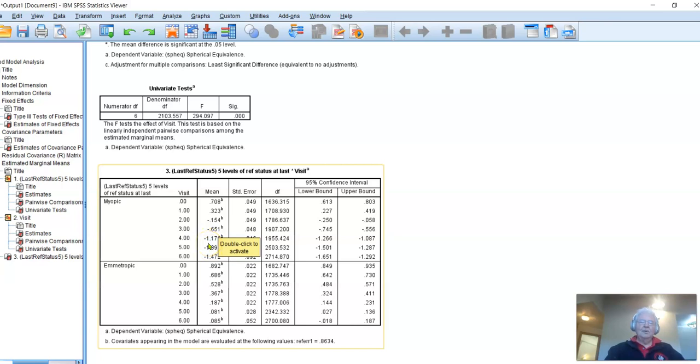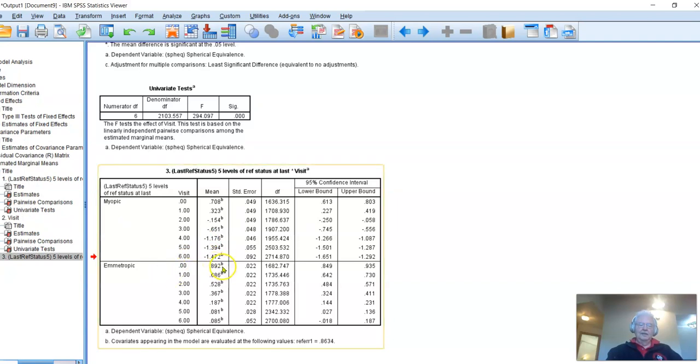Now, unlike when we do NIT visit, or NIT years, which is the number of years before and after the diagnosis of myopia, people are diagnosed at different visits, so this number is a little fuzzy in terms of when people were actually diagnosed. So we get a general impression here, but it's not very precise.